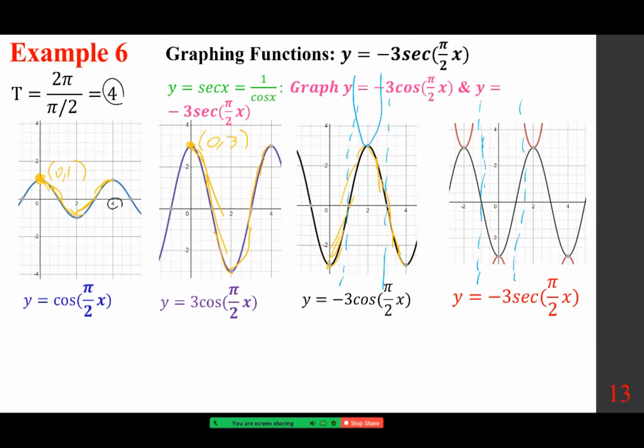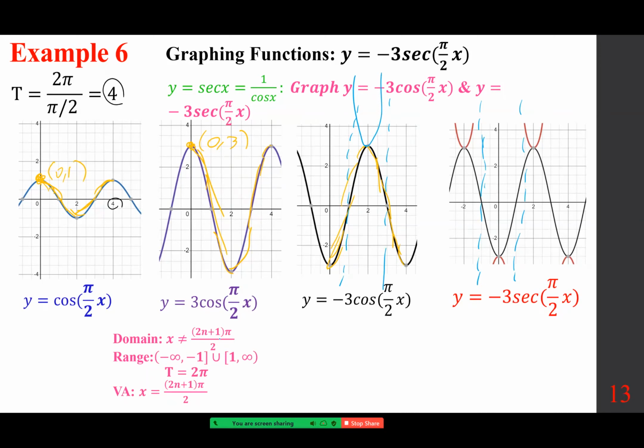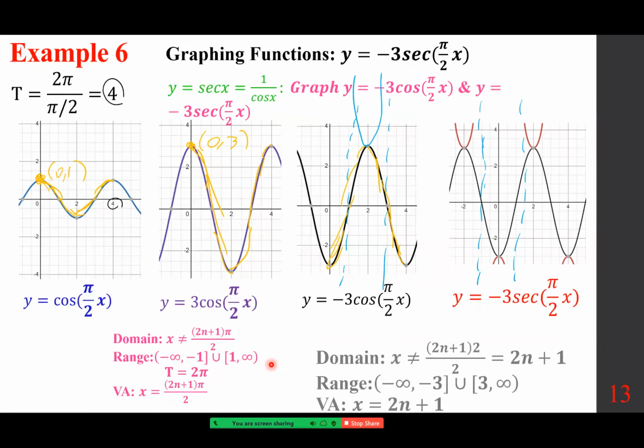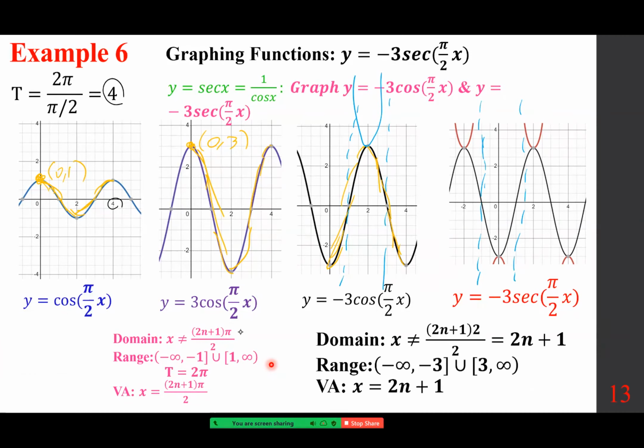So remember, the domain is this. The range is this. The period is 2 pi. And the VA is this, for the basic secant function. Now you're going to replace the pi with 2. Why is that? Because 2 pi is the same as 4. Pi is the same as 2 in essence. We are changing the pi to 2. Again, look at this one.